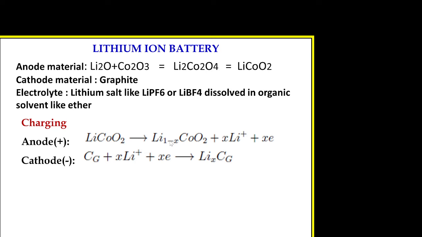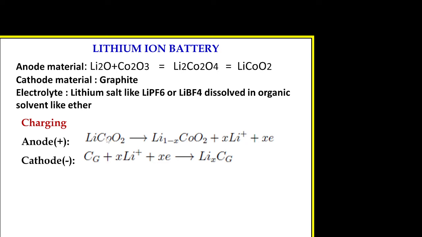So Li1-xCoO2 is obtained. Some lithium atoms are there in the lattice. So lithium ions are removed from the crystal lattice, and it comes out as Li plus and x electrons. Here the cobalt 3 plus oxide.